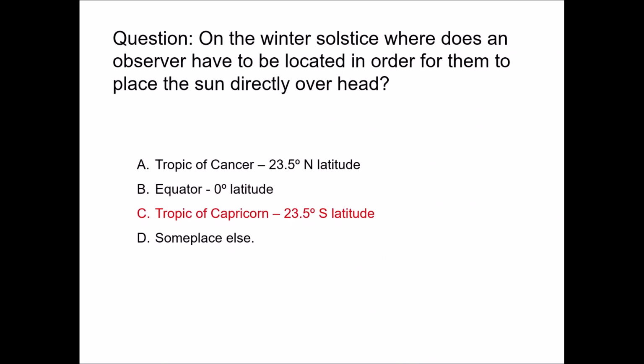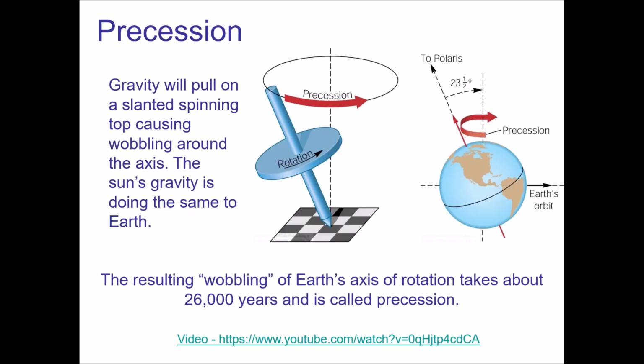All right. Great. Now, one last thing I want to talk about before we wrap up this video, and it's something I have discussed in a previous lecture. It's the effect of precession. And this was brought up back in chapter 2 because precession is an effect that changes the direction of the Earth's axis of rotation.